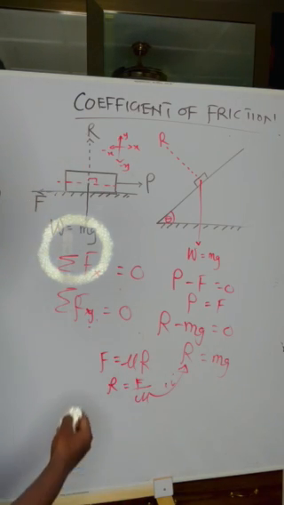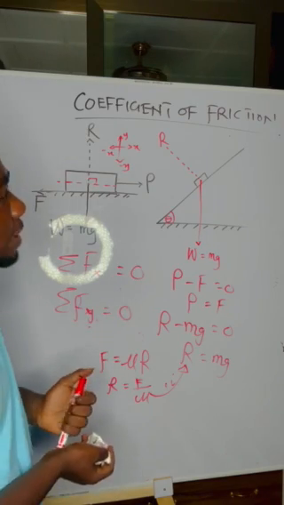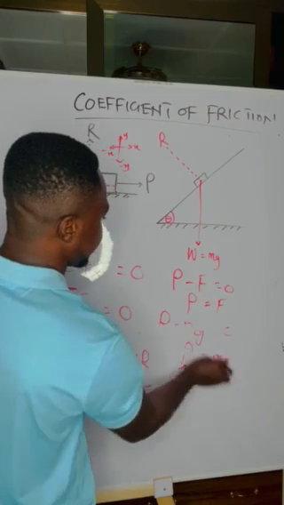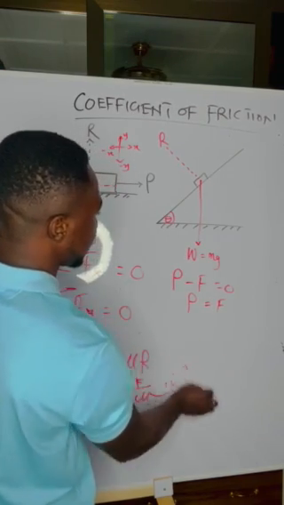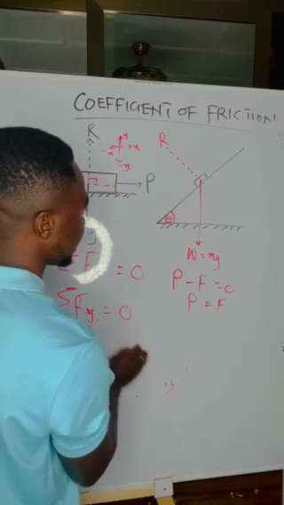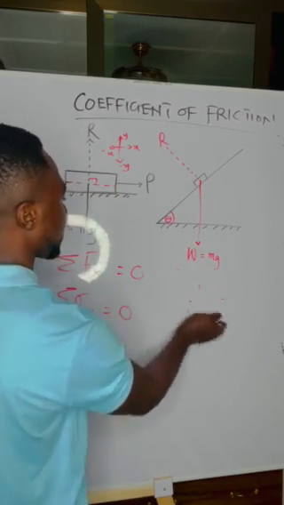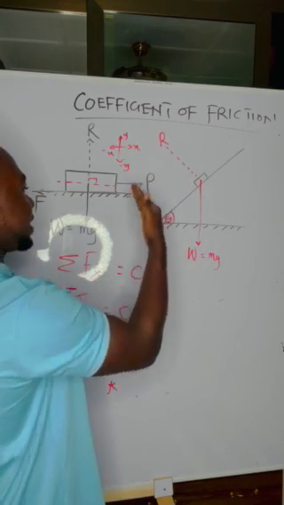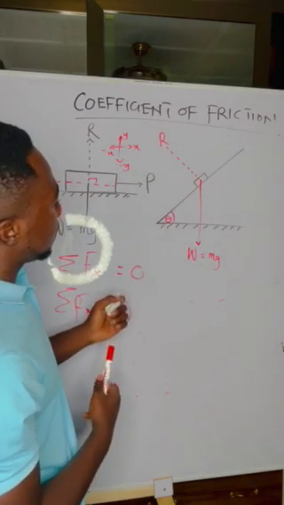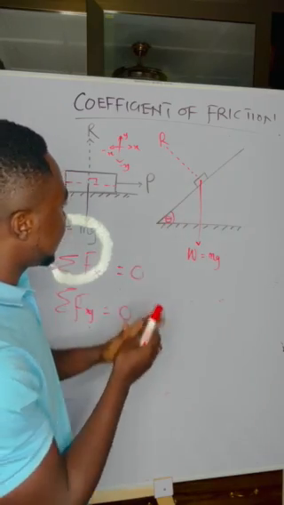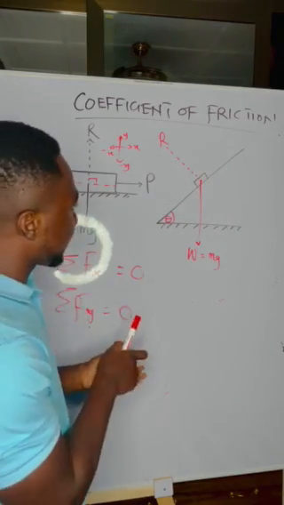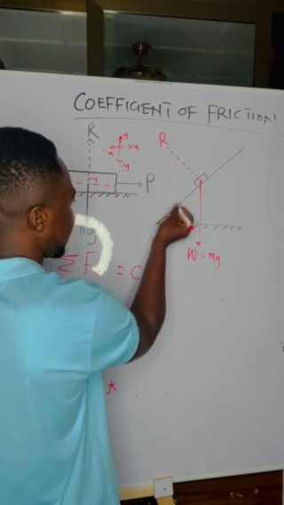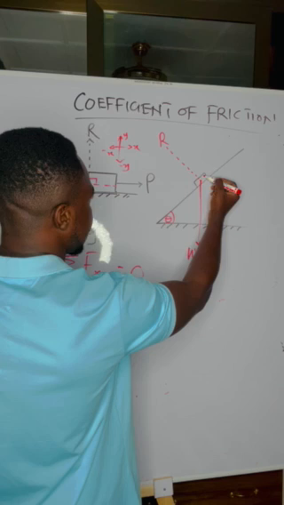Now let's look at the body resting on an inclined plane. The body is resting on an inclined plane, and I try to increase the angle of inclination, say theta. This is the angle of inclination, theta. I increase it so that the body resting on the plane starts to slide down.